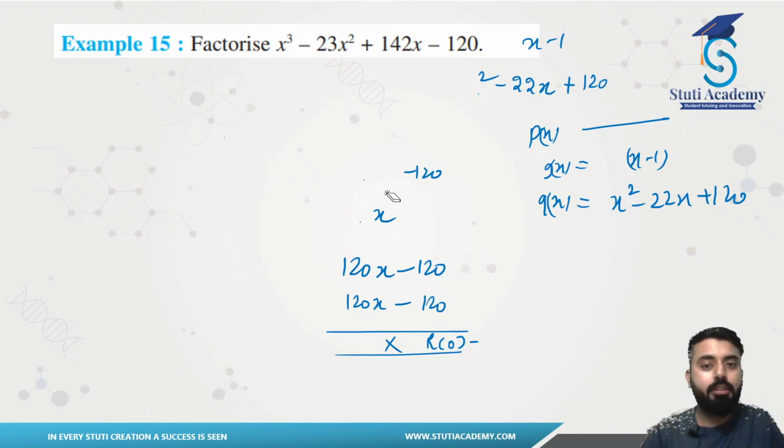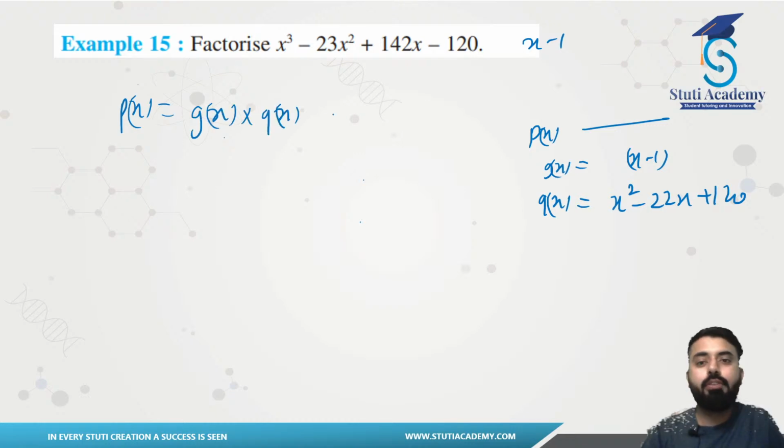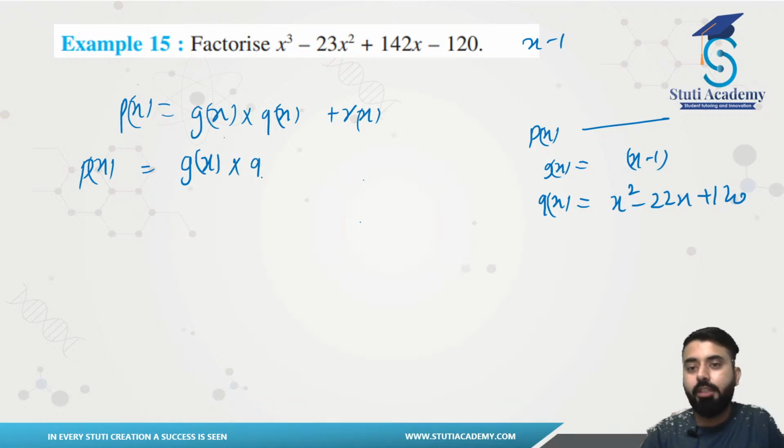Give me a second. So as per the check formula, I know p of x will be equal to g of x into q of x plus r of x. Since remainder itself is 0, so that means p of x will be just equal to g of x into q of x. So I know my g of x is x minus 1.